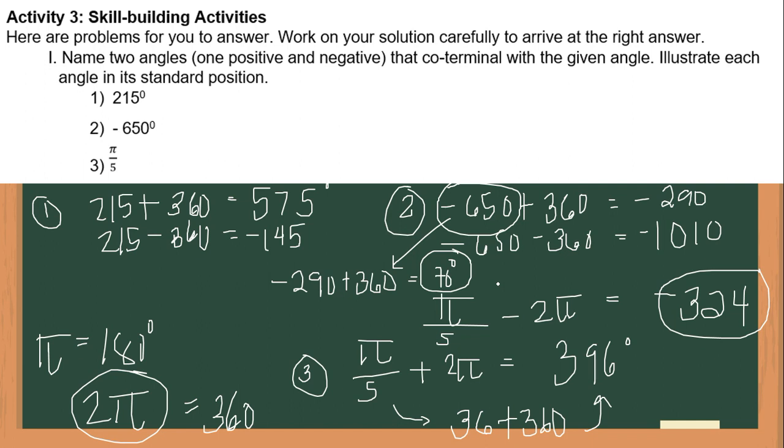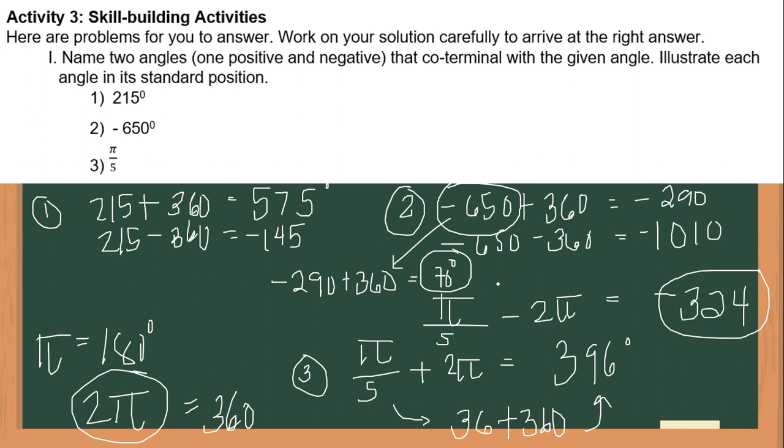Sir, is negative 290 acceptable? Yes, it is still negative but coterminal. But if you are looking for the positive coterminal angle, negative 290 is not the final answer. The final answer will be 70. Okay?